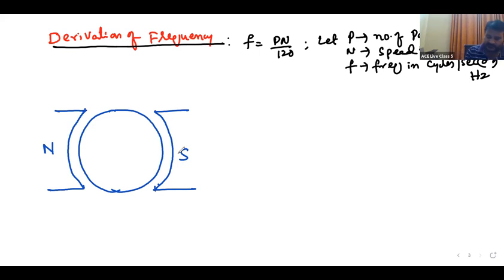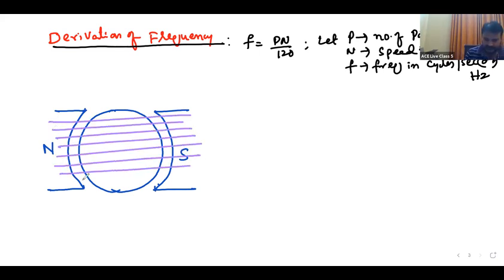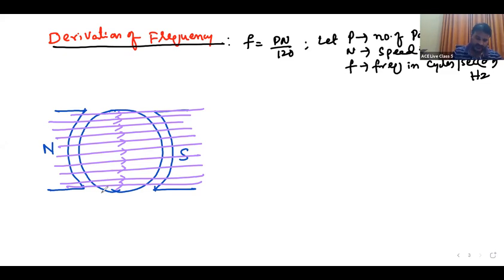I am taking the front view of the diagram. This is the flux direction; flux is from north to south. And this rotor is rotating in the clockwise direction.